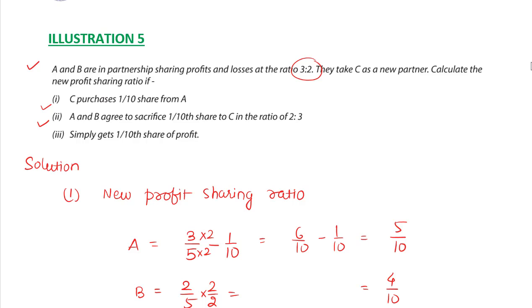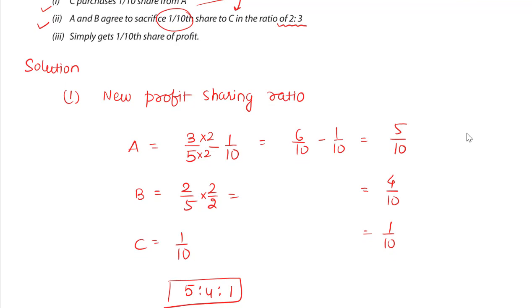Case 2. A and B agree to sacrifice 1/10 share to C in the ratio of 2:3. So C's share is 1/10.